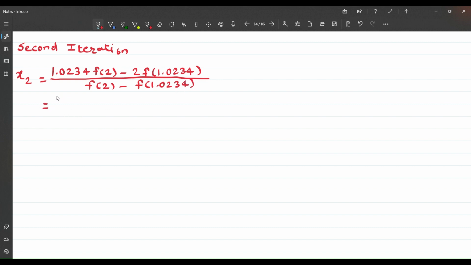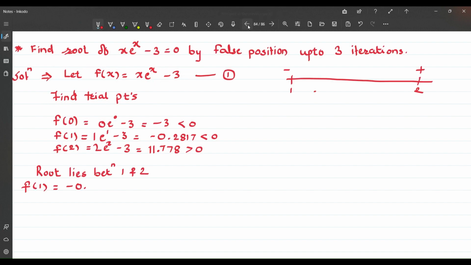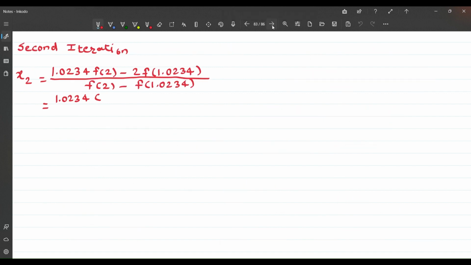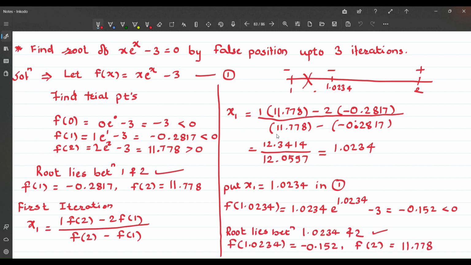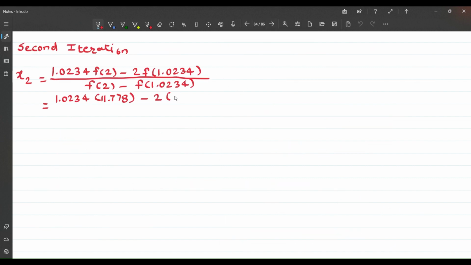So the answer is 1.0234 into the function value of 2, which you can see here is 11.778, minus 2 into f of 1.0234, which is minus 0.152, divided by 11.778 minus minus 0.152.